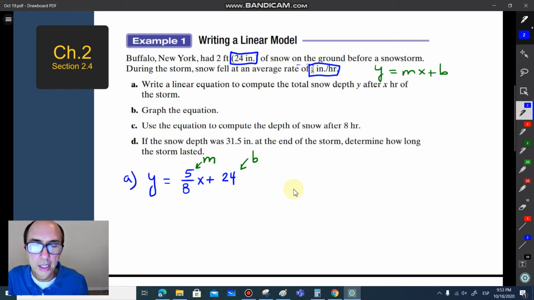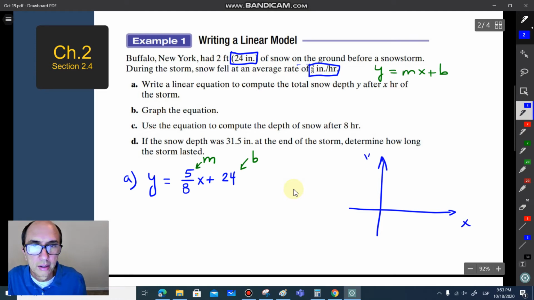Now graph the equation. We can graph the equation just as a sketch. I'm not going to graph the whole thing. X and Y. And 24 is going to be the y-intercept. 24 is here, the y-intercept. And then this is going to be something like that.